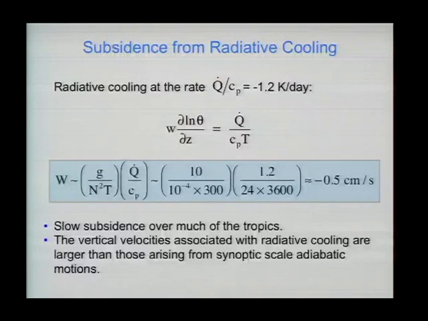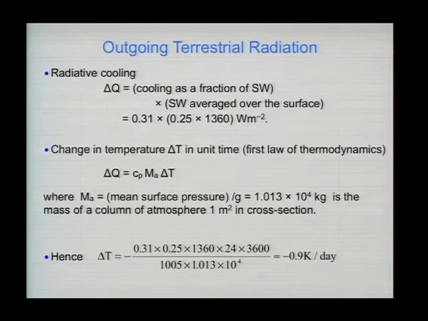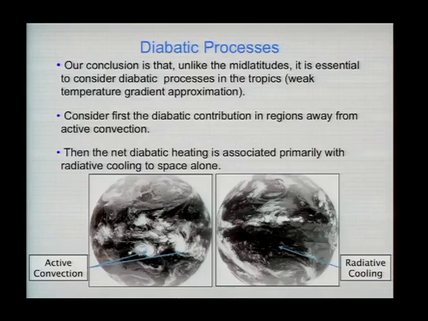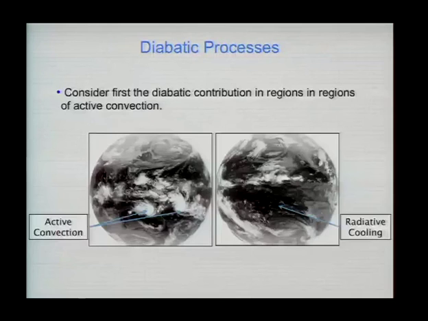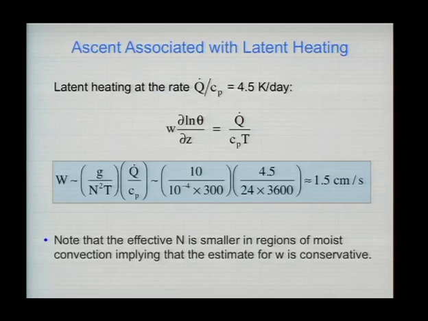What we found is that in regions of radiative cooling, we have subsidence of about 0.5 centimetre per day, and where it's active convection, on average, it's about 1.5 centimetre per day. Now that tells us something about the area occupied by convection versus the area occupied by subsidence.